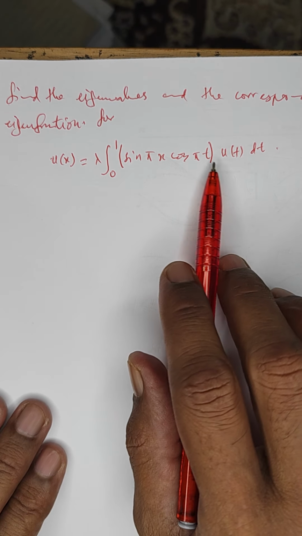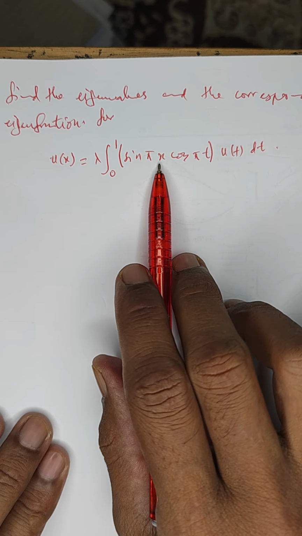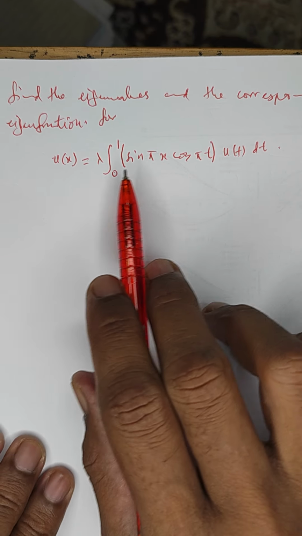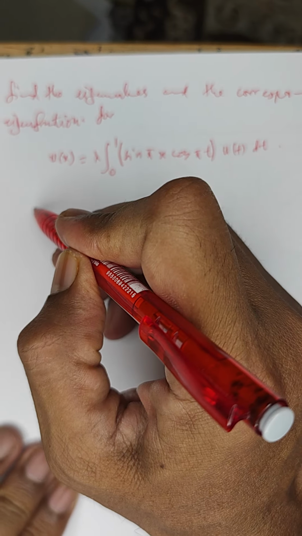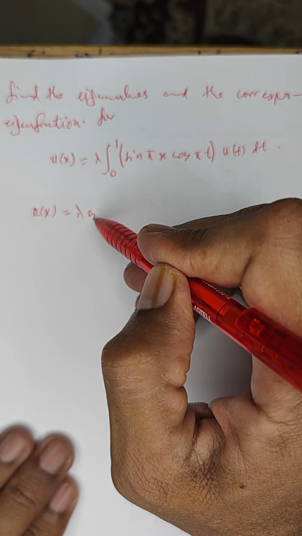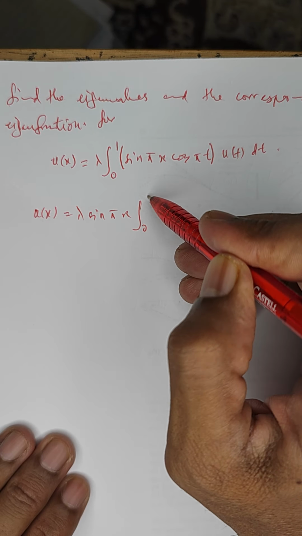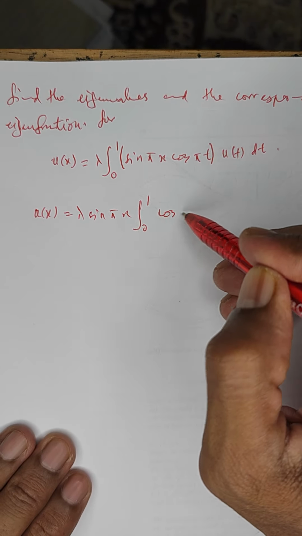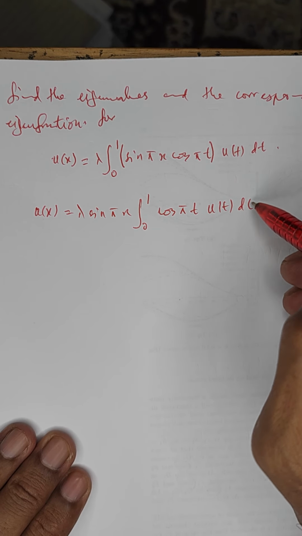This is a separable kernel, so I can take this sine pi x outside the integral sign. So u(x) is equal to lambda sine pi x integrate from 0 to 1 cos pi t u(t) dt.